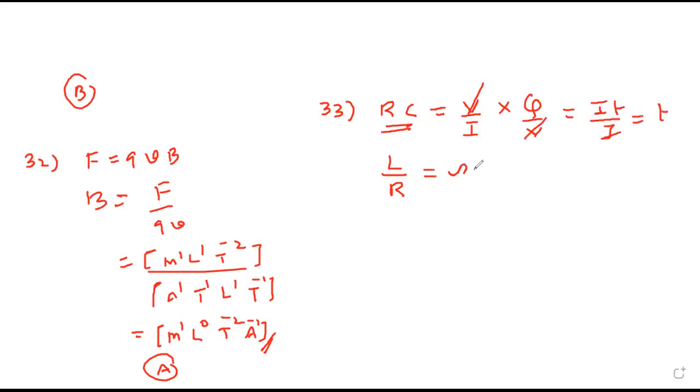L unit is ohm second, R unit is ohm, ohm cancels, so second, also time. Both are equal to dimension of time. So option D. Very important one. RC time, L upon R time. Remember this by heart.